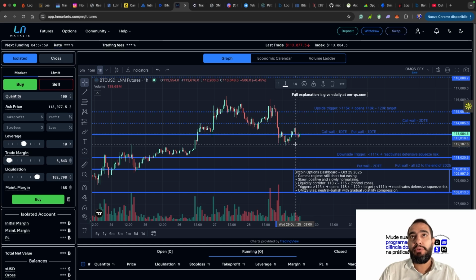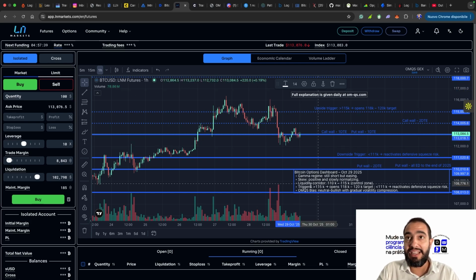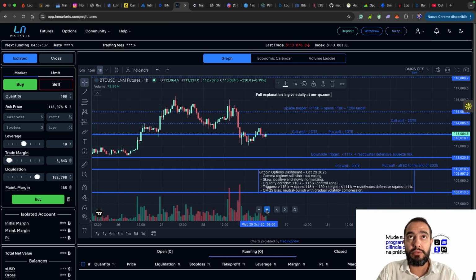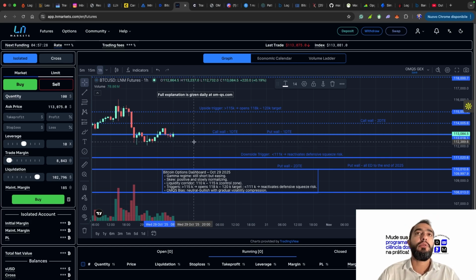So that snapshot that I was showing you was taken here on 9 a.m. and the following 3 hours, let me zoom in that particular point so you can see. Well, since the 9 a.m. we are doing what? Flirting, very choppy in the 113k level.